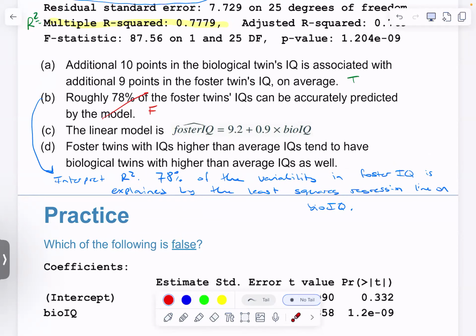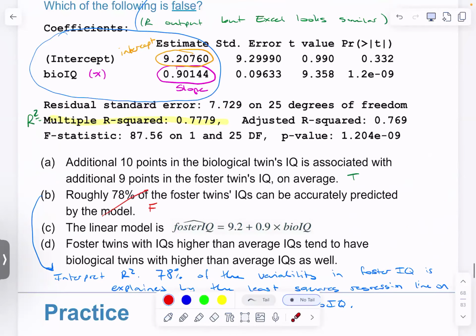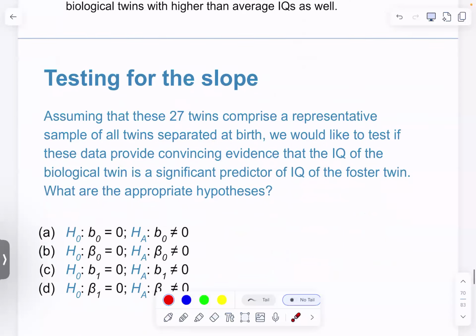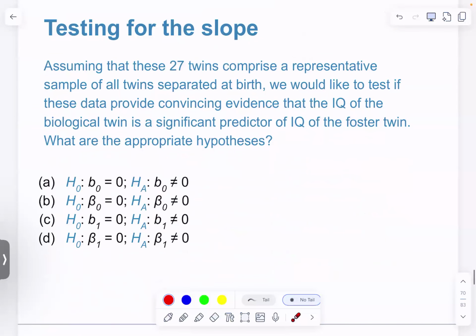And then we already built the linear model by looking at this output. And this is what I wanted to get to, so that's why I'm rushing through it a little bit. Testing for the slope. So assuming that these 27 twins comprise a representative sample of all twins separated at birth, okay, might be a stretch, might not be.